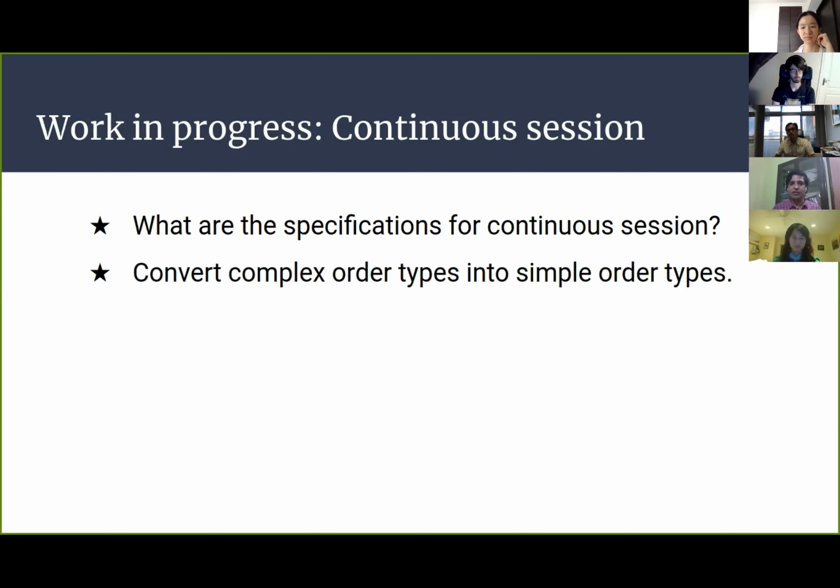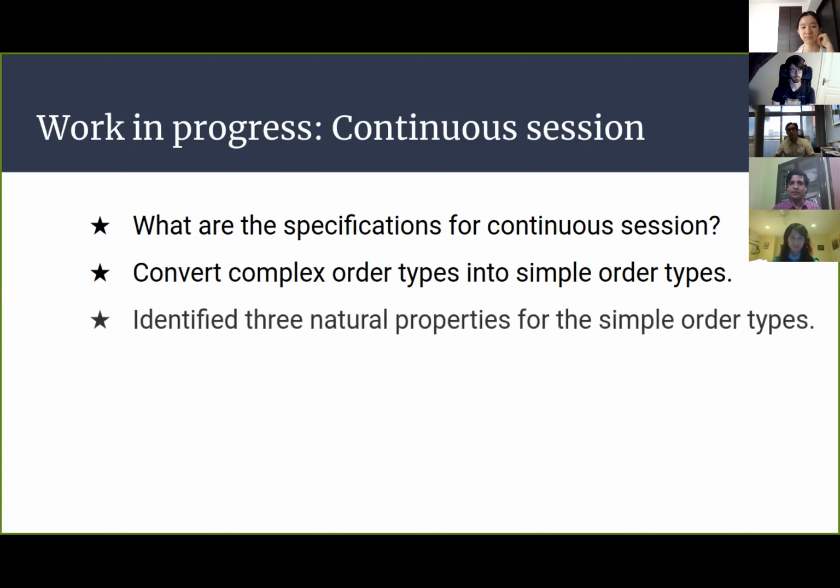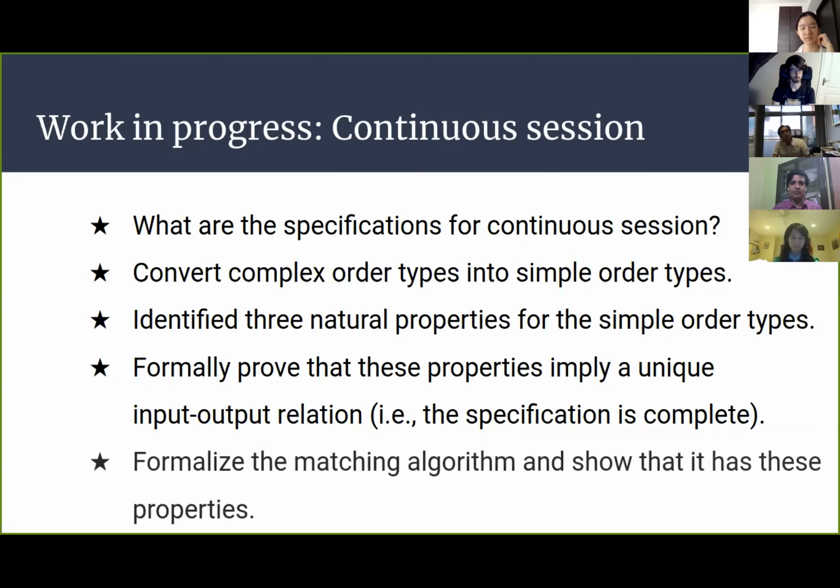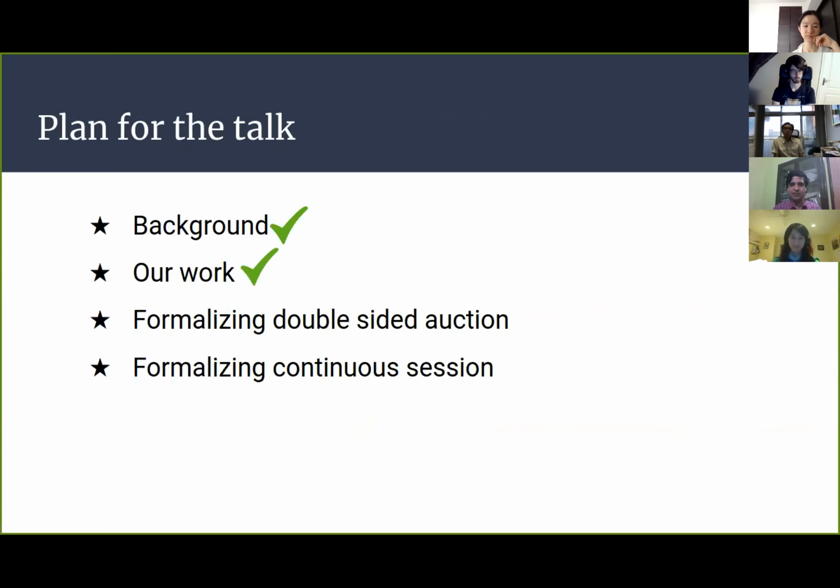We convert the complex order types into simple order types. Then we identify three natural properties. And we formally prove that these properties imply a unique input-output relation. That means the specification is complete. And now we have a natural algorithm after the specification, and we show that this algorithm has these properties.